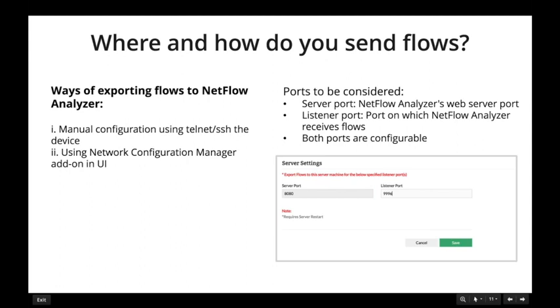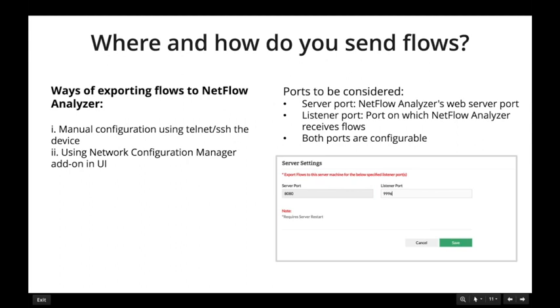In the first step of manual configuration, go to the settings page of NetFlow Analyzer and note down the server port and the listener port. The server port is NetFlow Analyzer's web server port, and the listener port is the port where NetFlow Analyzer receives the flow data.